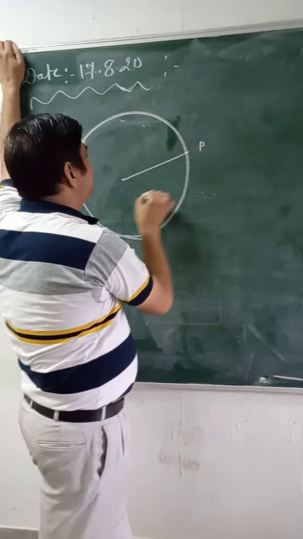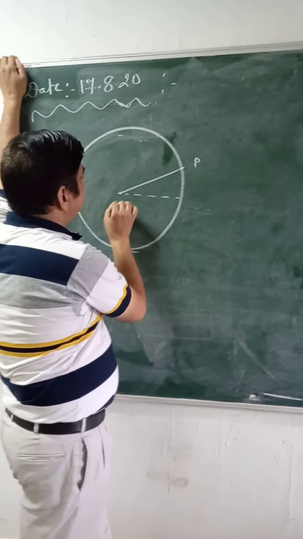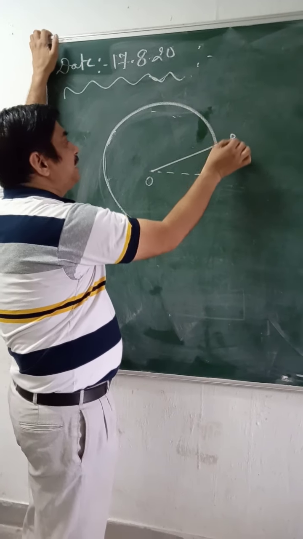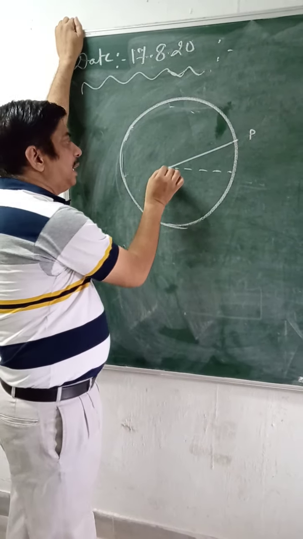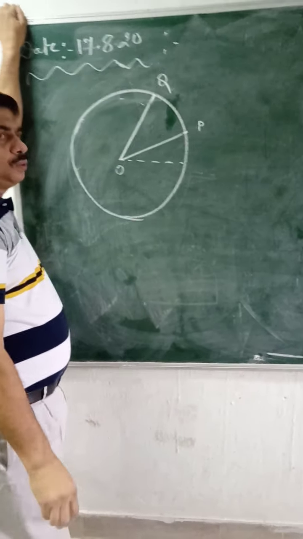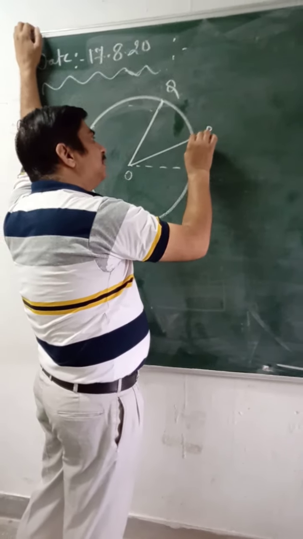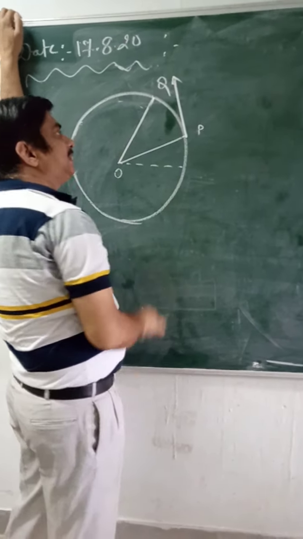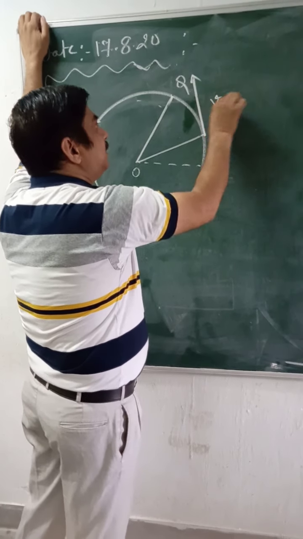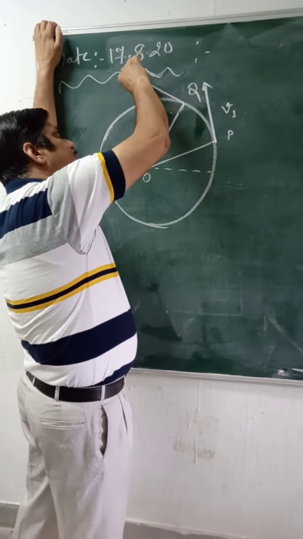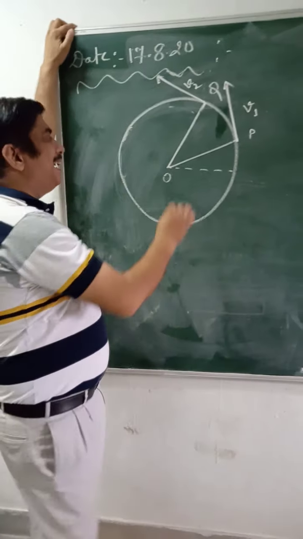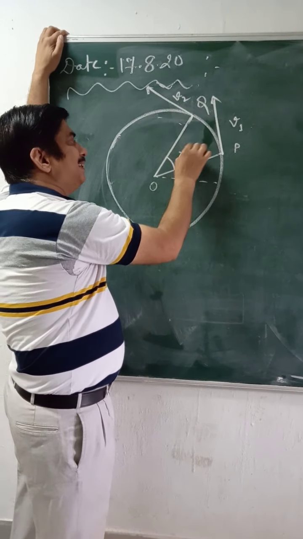This one is P, where the object starts, this is O, and after time t it reaches P, and after time t plus delta t it reaches Q. This is the tangent at point P, this one is V1, and here again we draw the tangent, this is V2. This angle is delta theta.